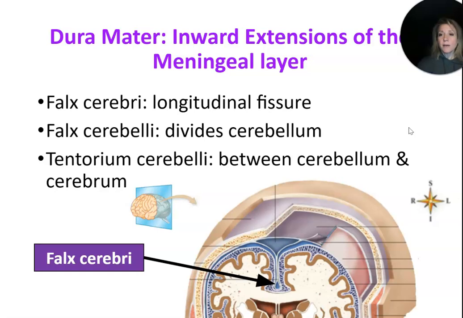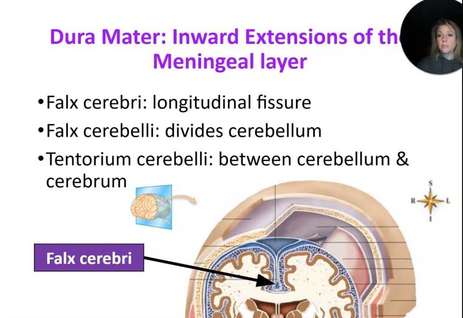So we have the fissures of the brain, which I had you label in a previous video. So we have the longitudinal fissure, we have the parieto-occipital fissure, and then we also have the lateral fissure as well.